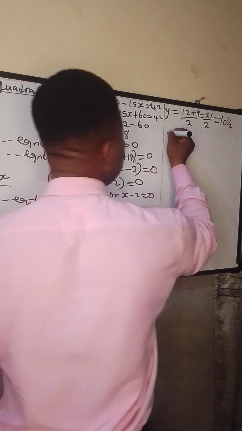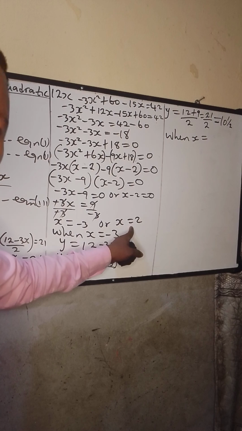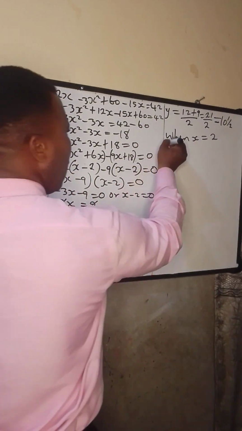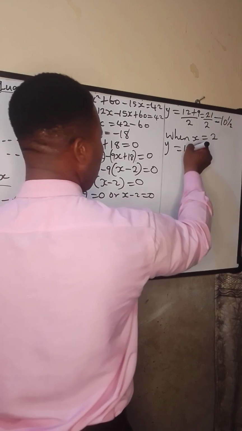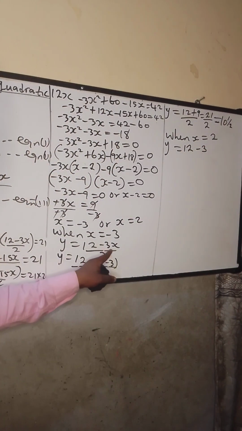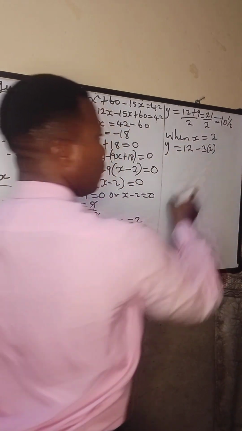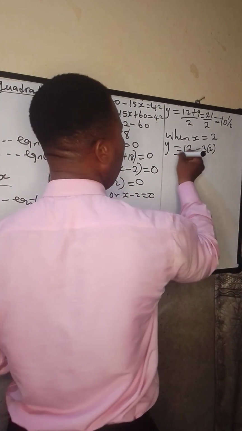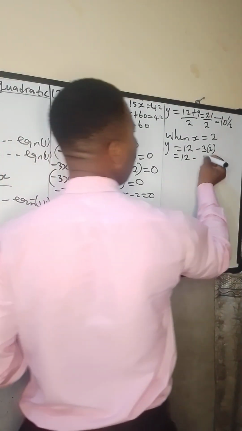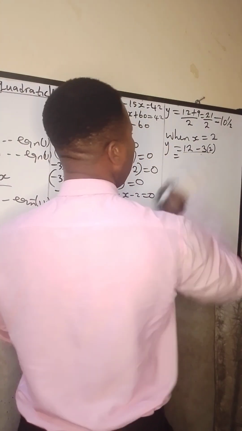Also, when x is equal to 2, we still do the same thing, which is y is equal to 12 minus 3. And remember I say we are using this minus 3, and our x, when x is 2, so 2 will now be inside the bracket. So in that case here, we are now having here 12. 3 times 2 is giving us 6 all over 2.